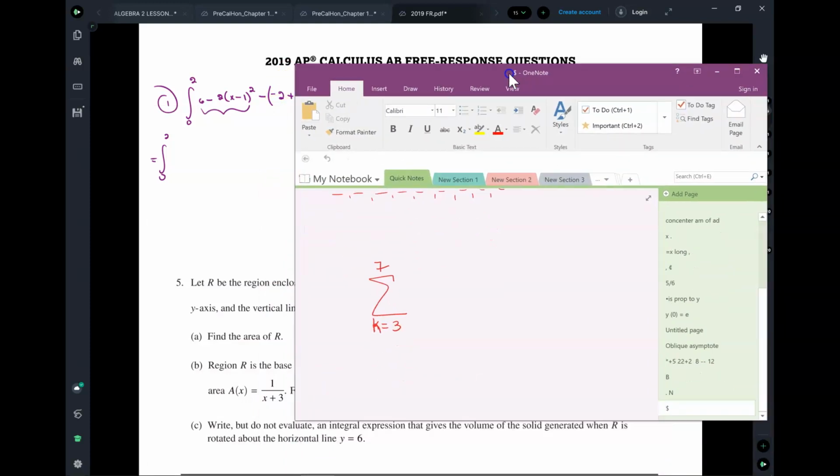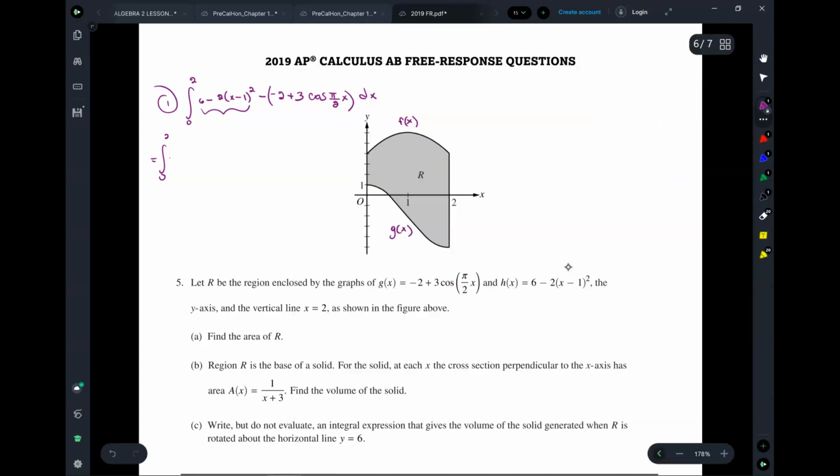So here we have 6 minus 2 times x squared minus 2x plus 1. So how much is that? 6 minus 2x squared minus 4x plus 4x minus 2. Right? So negative 2x squared plus 4x plus 4, plus 2 minus 3 cosine pi over 2x dx.